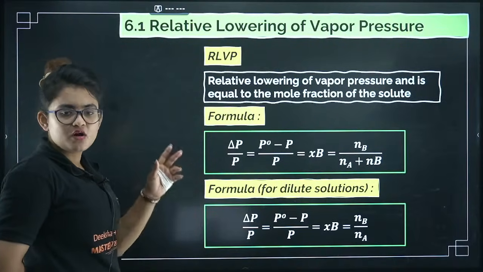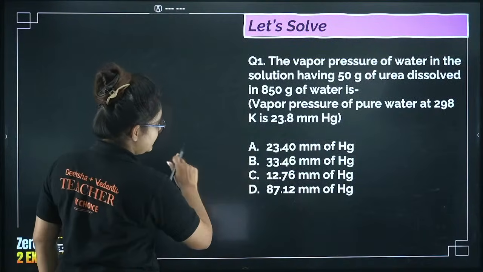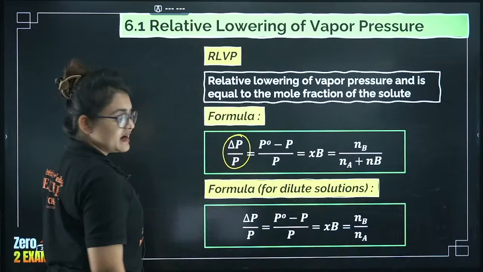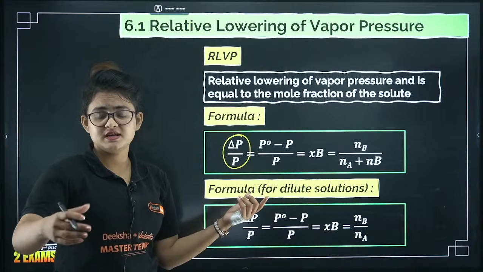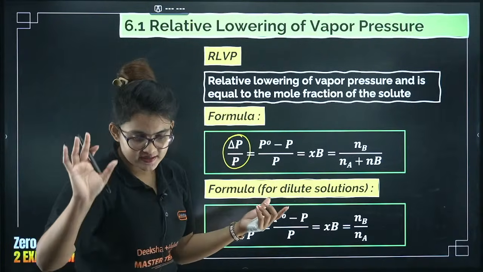This entire thing is called RLVP, the relative lowering of vapor pressure, and it equals the mole fraction of the solute. That's it.